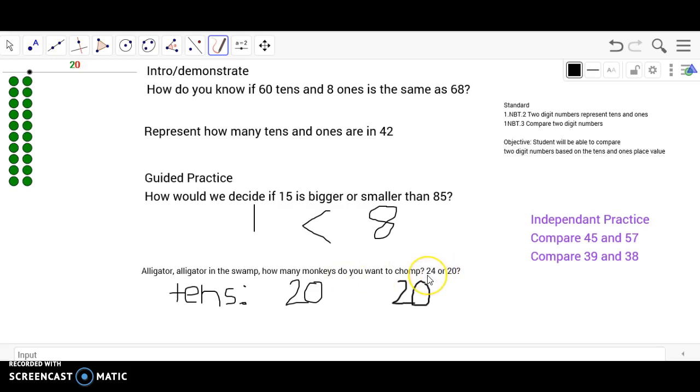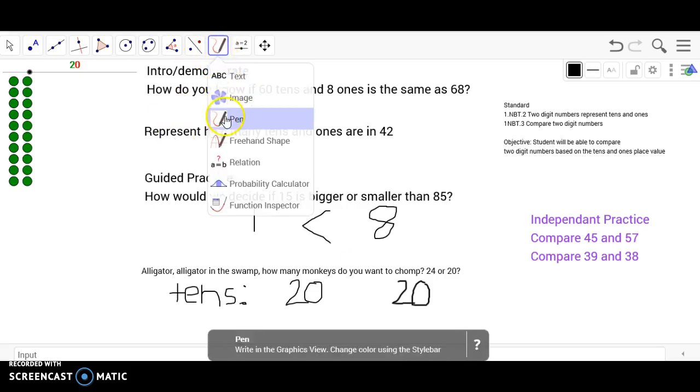Well, if they're the same in the tens place, we want to move to the ones place. In the number 20, as you can see, there are no ones. How many ones are in the number 24? If you said 4, you're correct.